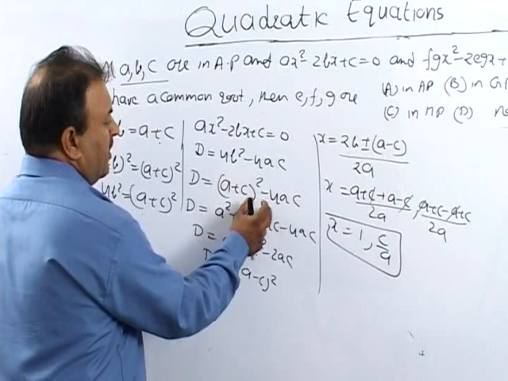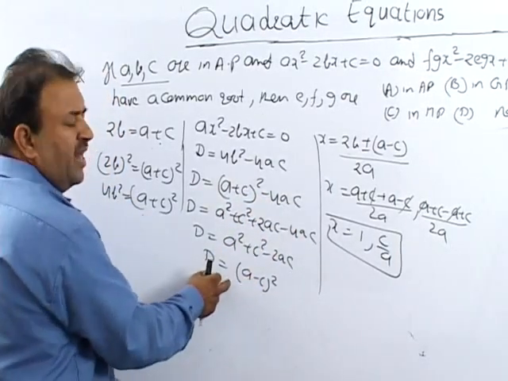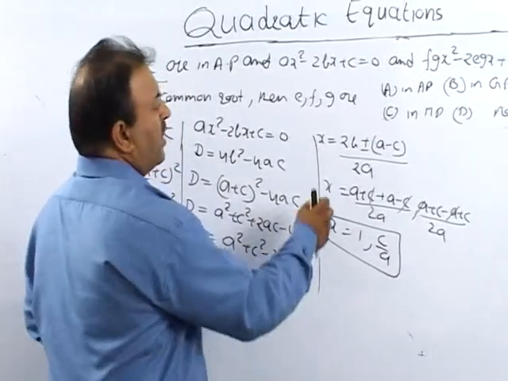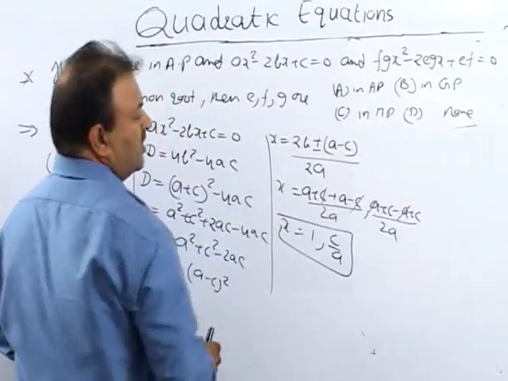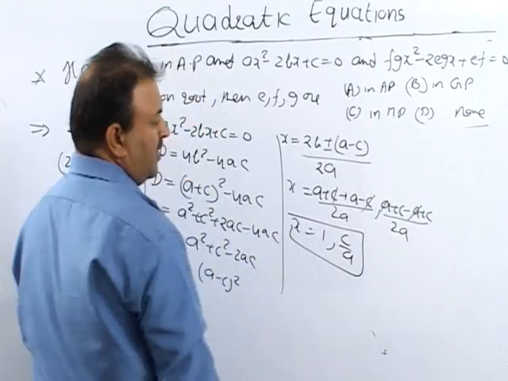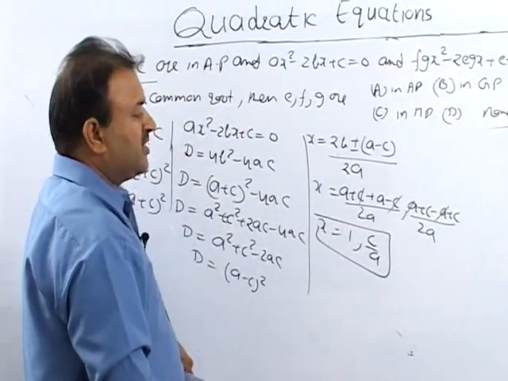Substituting here, a plus c the whole square minus 4ac, and I got the discriminant as a perfect square, a minus c the whole square. Now x is equal to 2b plus minus a minus c upon 2a. Now plus a minus c, minus a plus c. A will be cancelled out, and the values of x are 1 and c over a.